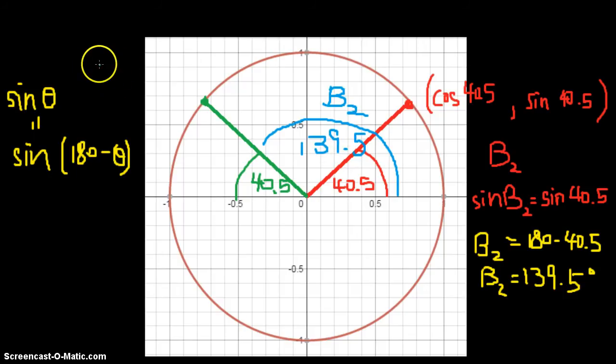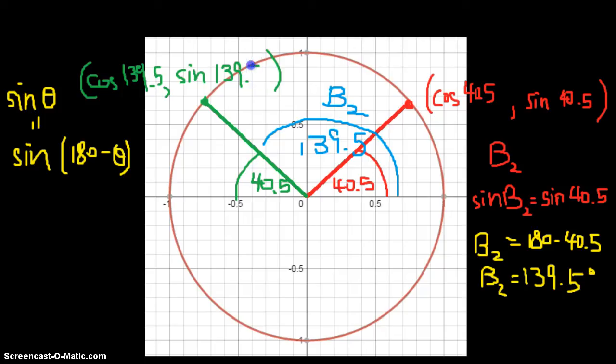And this point here would have the x and y coordinates of the theta we're talking about, which is 139.5. So this will be cosine of 139.5. And the y coordinate would be sine of 139.5. Okay.